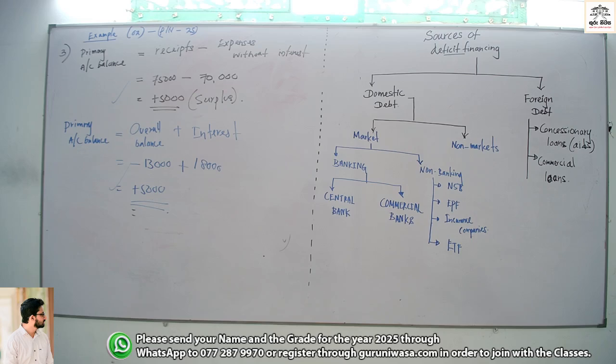Remember, the financial market is a place where people who are willing to borrow and people who are willing to invest meet in one place. That place is called the financial market. Everything depends on demand and supply.